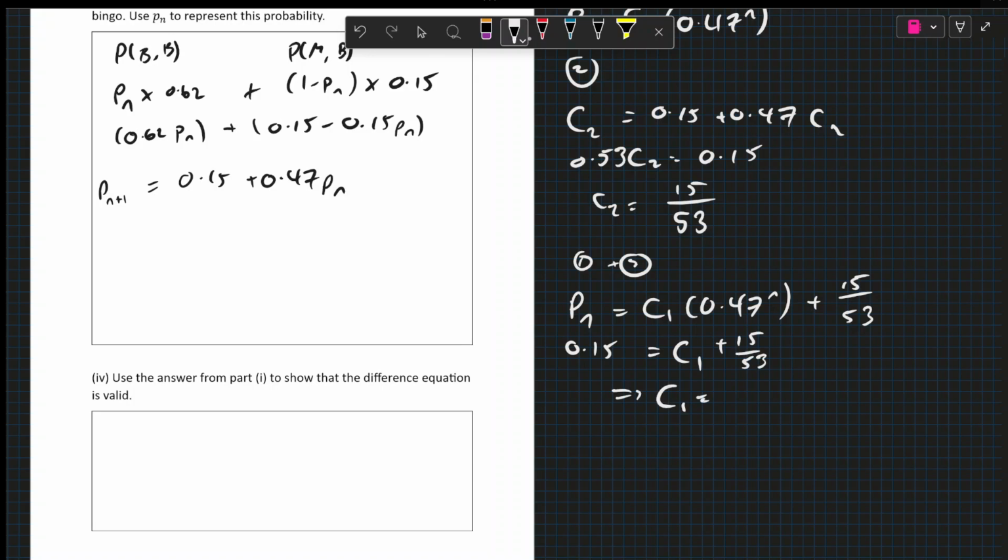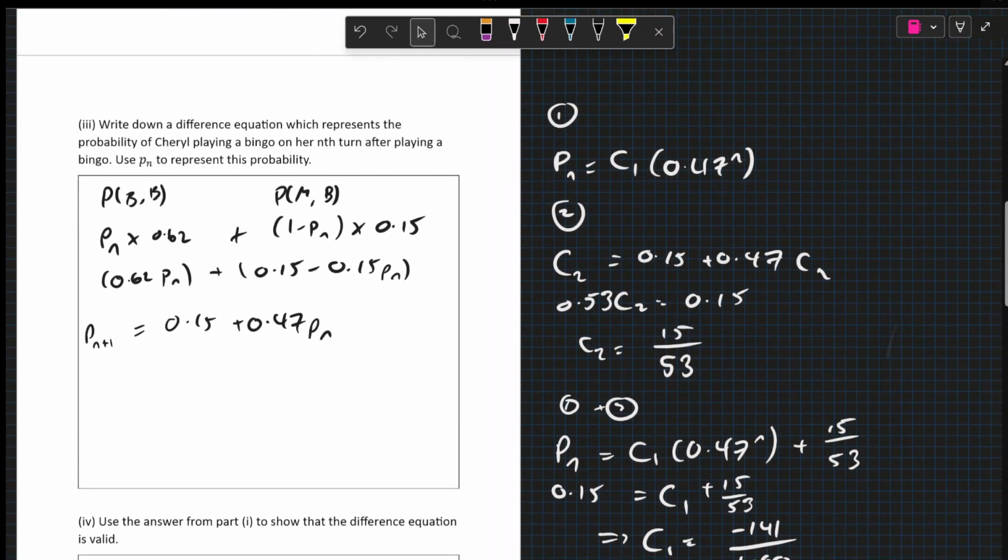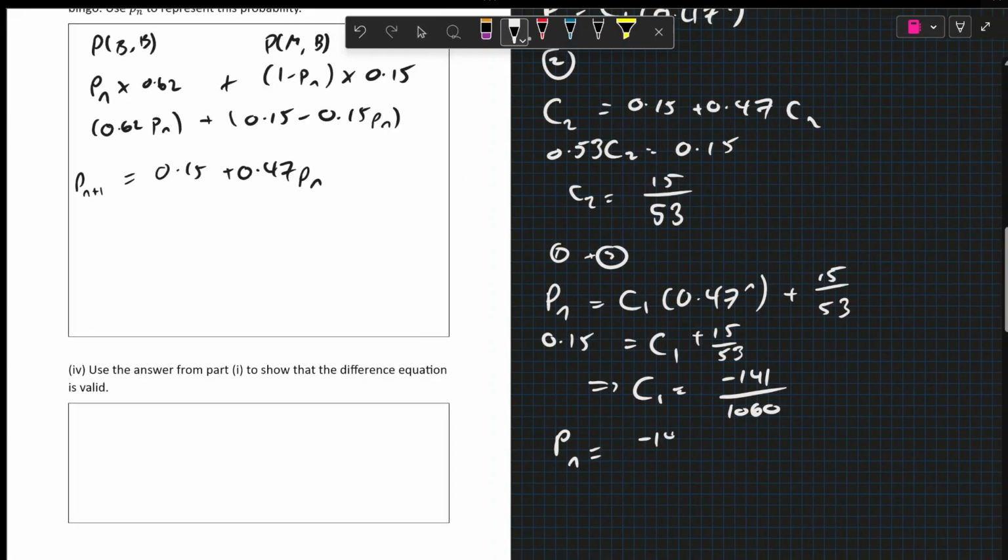So C1 is 0.15 minus 15 over 53, which we get as a bit of a mad number, minus 141 over 1060. So the actual probability is minus 141 over 1060 times 0.47 to the n plus 15 over 53. Now that doesn't look right.